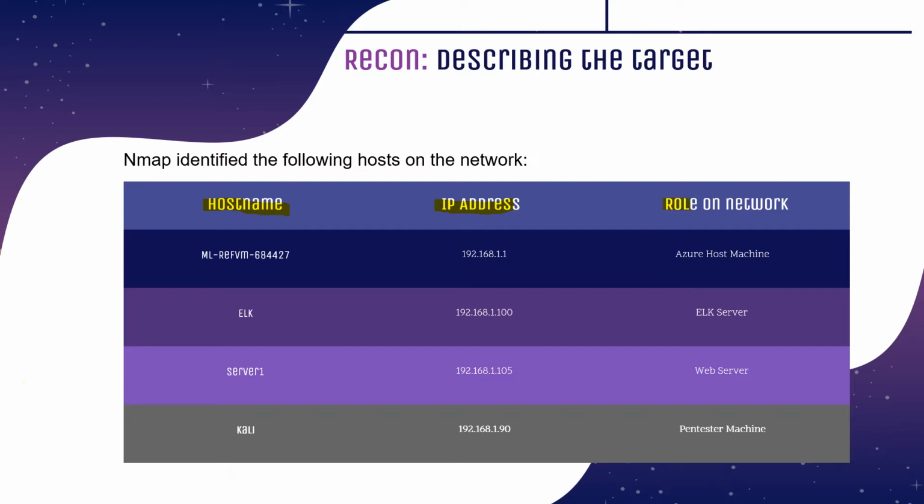And lastly, we have the role on the network, which we determined based off of which ports were open in the Nmap scan. So we have our Azure host machine, the ELK server for log analysis and visualization, our web server, and our pen tester machine or attacker.